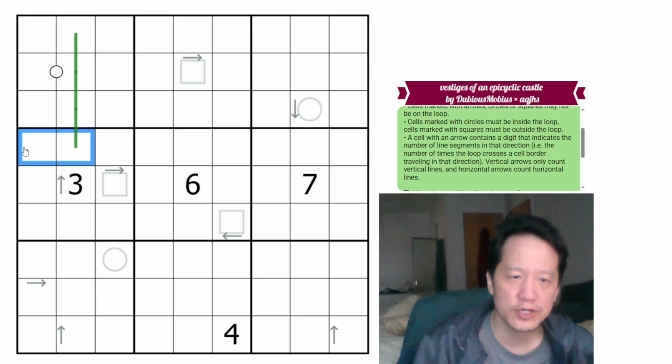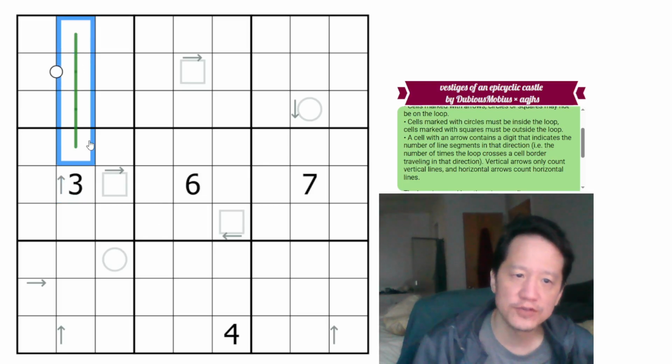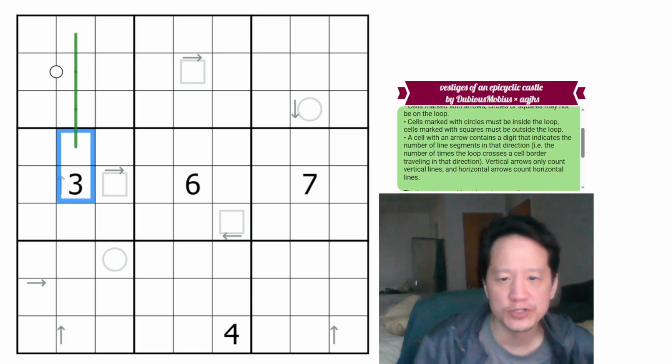It cannot turn here and here. It actually could turn here and here potentially. Actually, if it turned this way, it could continue. Oh, this is not on the loop.